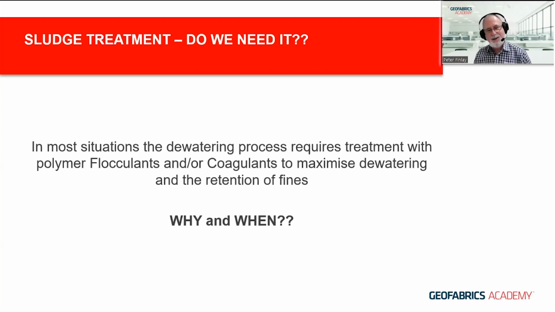There's a cost in adding a flocculant. Well, unfortunately, in most situations there is a requirement to add a flocculant or coagulant or both to maximize the dewatering within the geotube and the retention of fines.